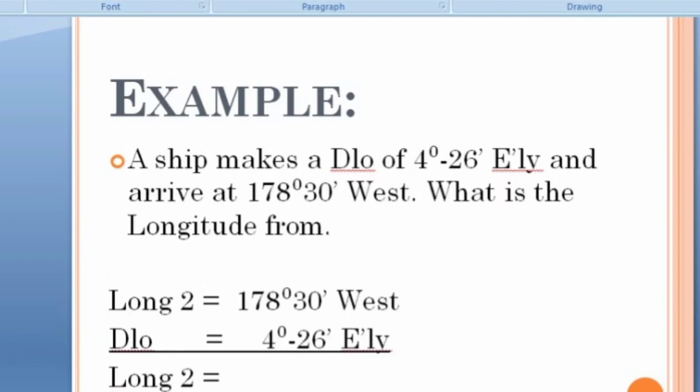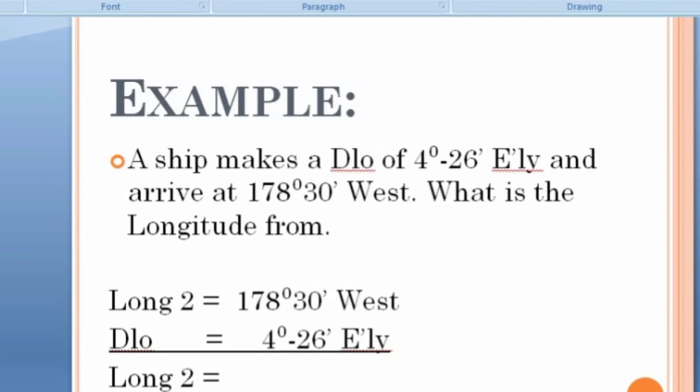So let's proceed to the next example. A ship makes a difference of longitude 4 degrees 26 minutes easterly and arrives at 178 degrees 30 minutes west. So the same problem, we need to figure out the longitude which it came from.